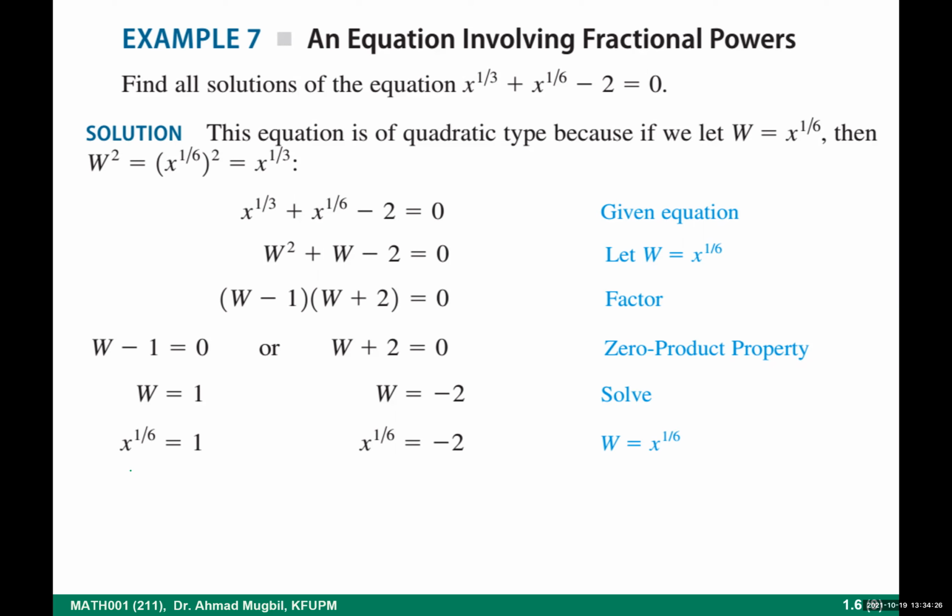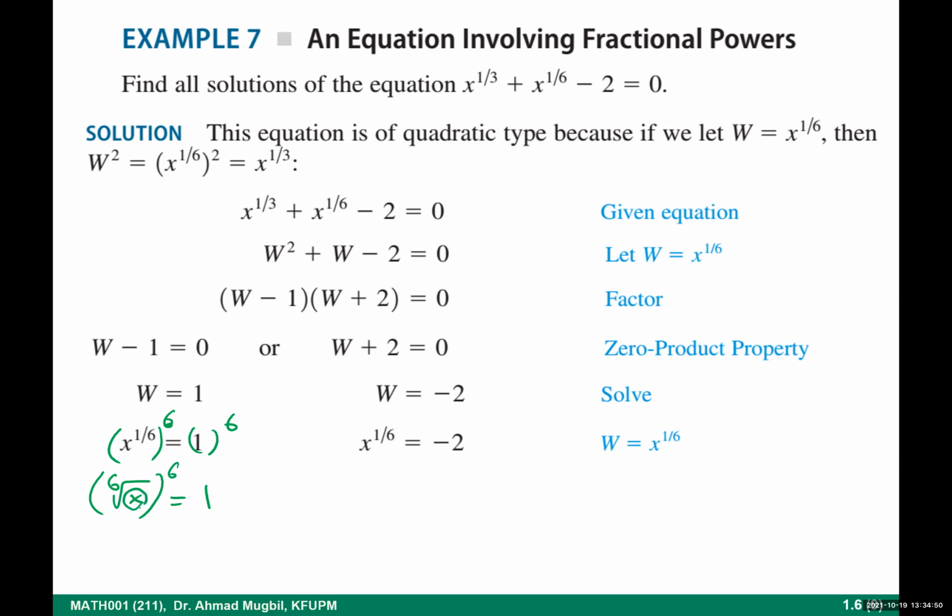Let's remember, shabab. Now what we will do, we will raise both sides to the power 6. So this is clearly 1 to the power 6, which is 1. Here we have what? X or the absolute value of x? Yes, exactly. This is the 6th root of x all to the power 6.